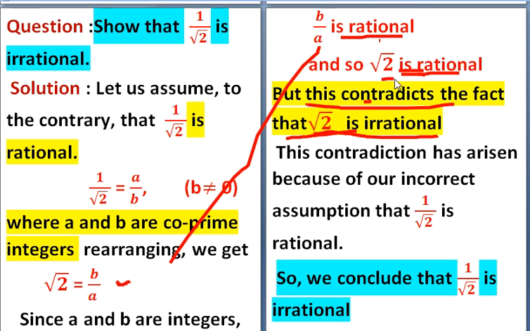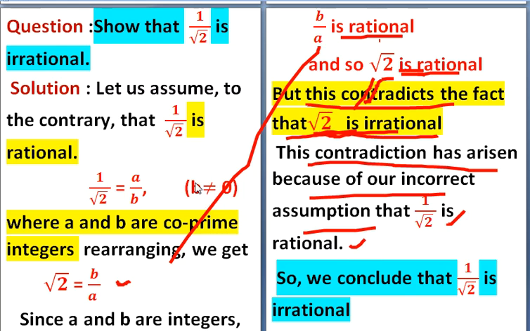This contradiction has arisen because of our incorrect assumption that 1 by root 2 is rational.